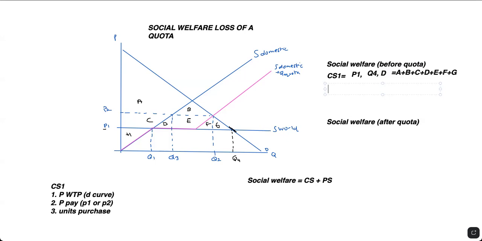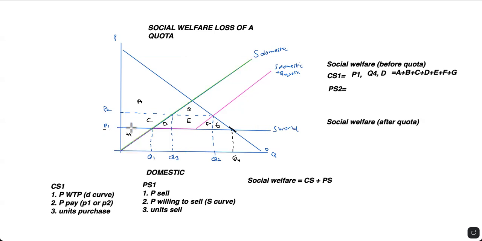Right, producer surplus. We are going to do the three method approach as well. So producer surplus, we take the difference between the price that they sell at and get to keep, in this case it's the same, and the price that they are willing to sell at, which is shown by the supply curve, for all the units that they sell. Now, when we talk about producer surplus, remember that we want to talk about domestic producer surplus. So we're actually not going to look at the supply of the world. We're going to look at the domestic supply.